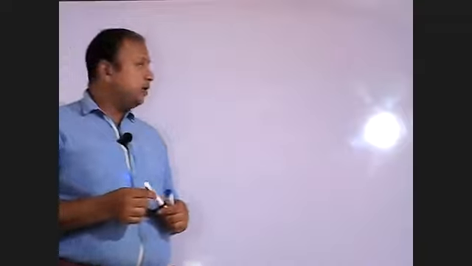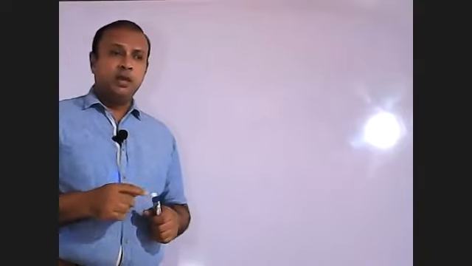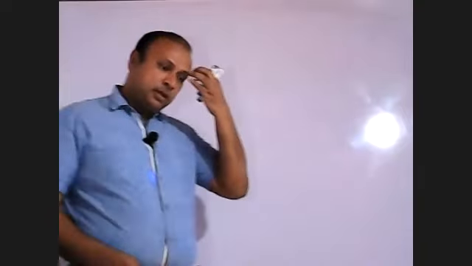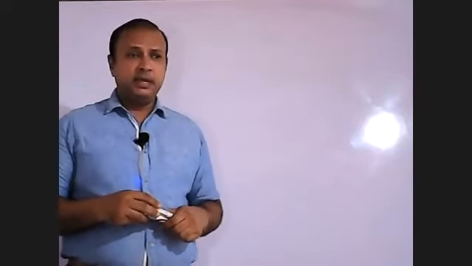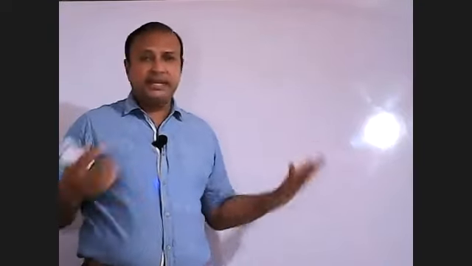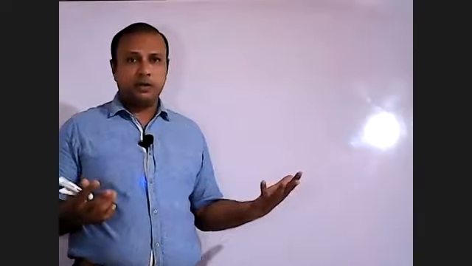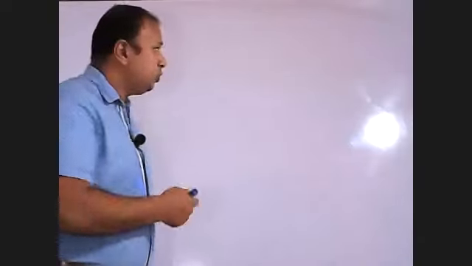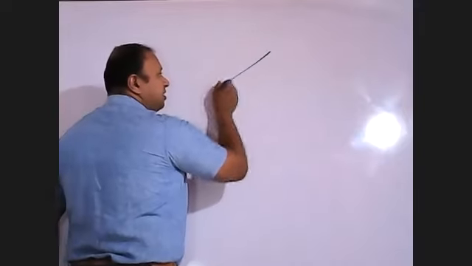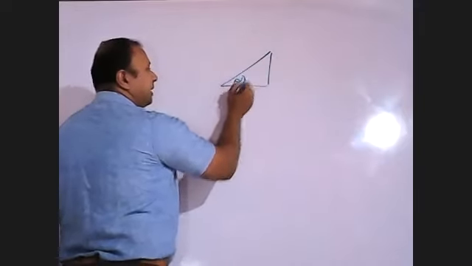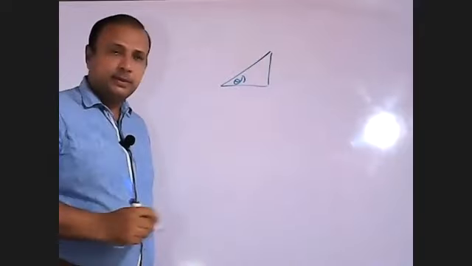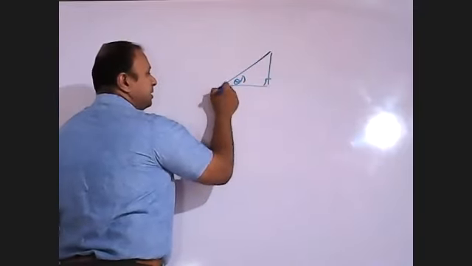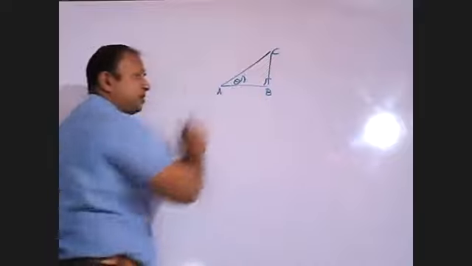Trigonometry. Up to now, we are discussing how to determine the trigonometric ratios of any angle. According to your ordinary-level knowledge, you know the definitions of sine, cos, and tan. Suppose this is a right angle triangle.